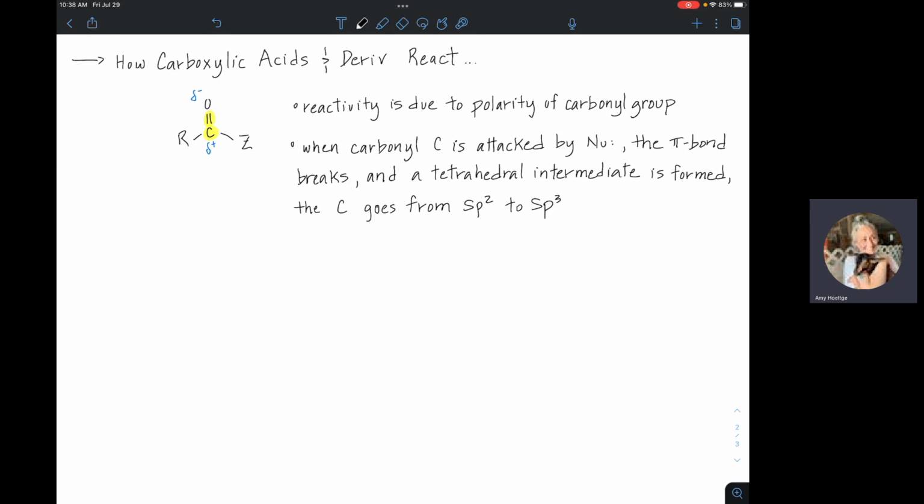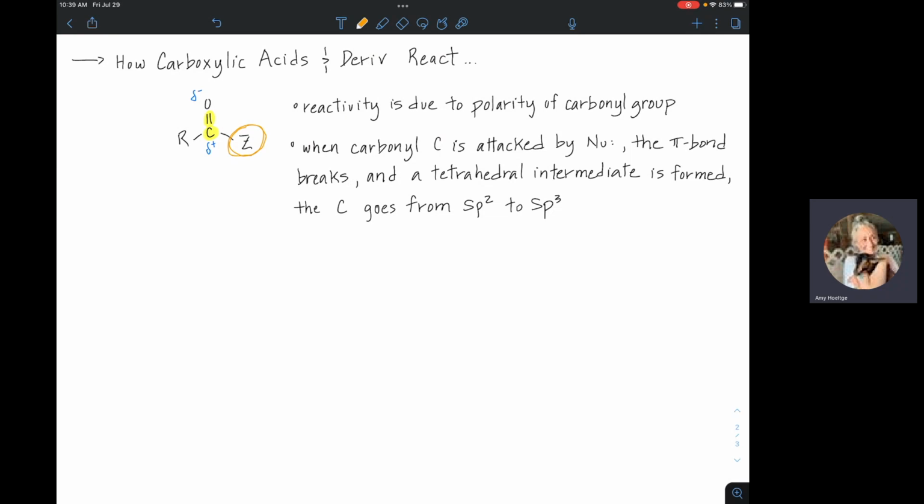So with the carboxylic acids and their derivatives, it's usually Z, this thing over here. Not always an awesome leaving group, but the more awesome it is, the more reactive the molecule will be. So in other words, if Z is a chloride, right, chloride is going to leave, that's a pretty weak base.